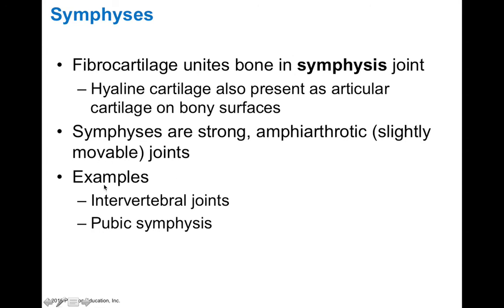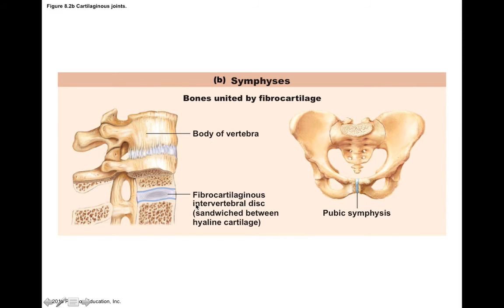And so it would make sense then to have symphyses at like the pubic symphysis, which unites the two halves of your pelvis, or even the intervertebral joints. That way there's some degree of movability of your spine. So if we look at the symphysis joint of our spine here, we say that in the lumbar region, what separates these two vertebrae then is a plate of fibrocartilage.